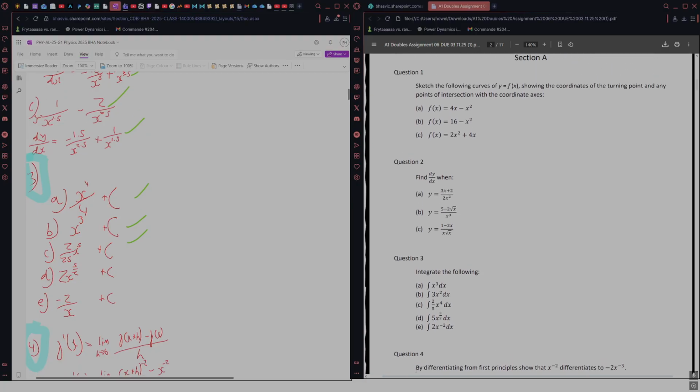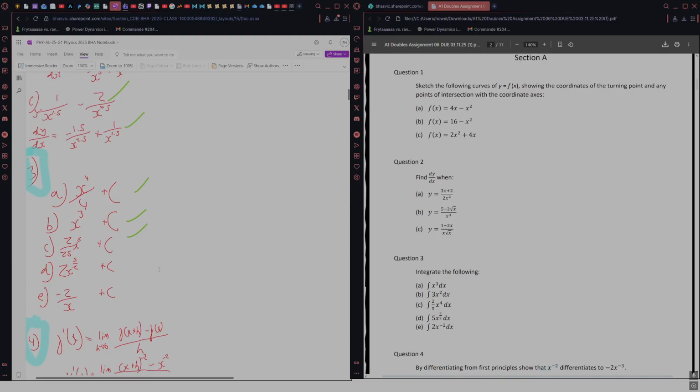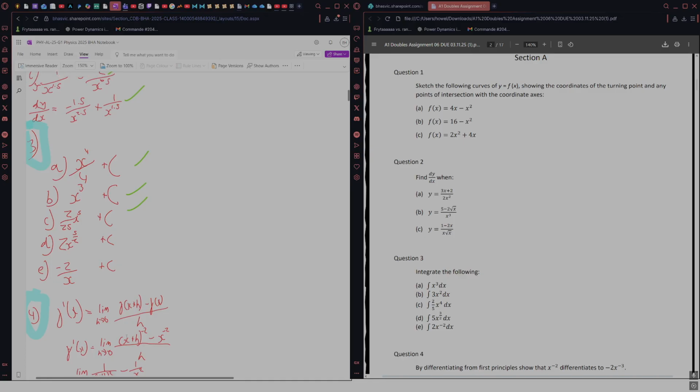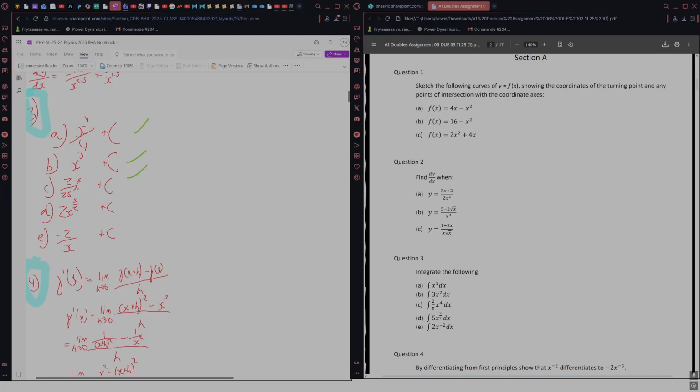Then this is one of the more difficult questions because it's not taught as much to learn how to differentiate negative powers from first principles. It's just a bit long. So obviously you substitute x plus h, put it to the -2, I made them into fractions. You have to remember to write the limit on every line.